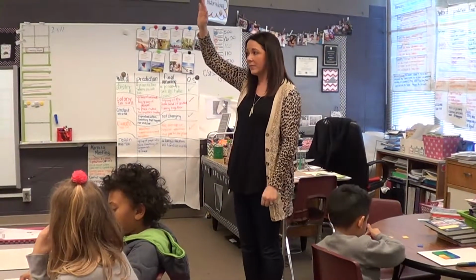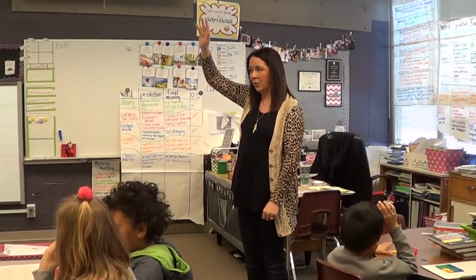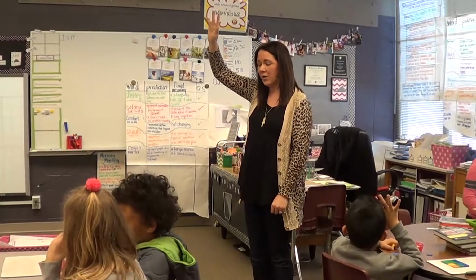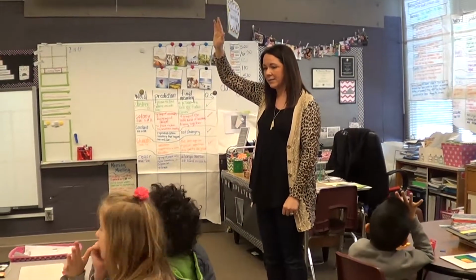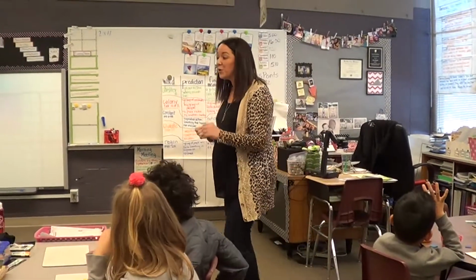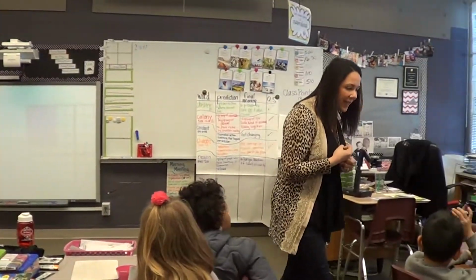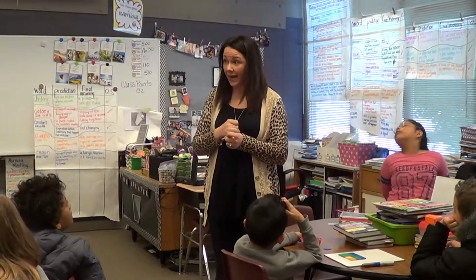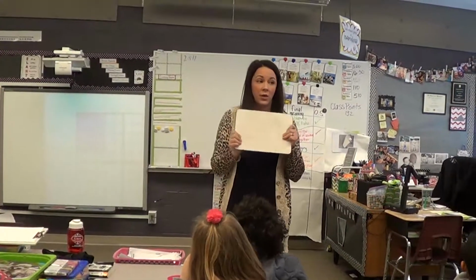Now wait a minute. I don't want you to start yet because I have a couple more directions. Aiden, Mary, I need your eyes. You're going to create as many arrays as you can using only 12 tiles, and each time you build an array, I want you to record it on your whiteboard.